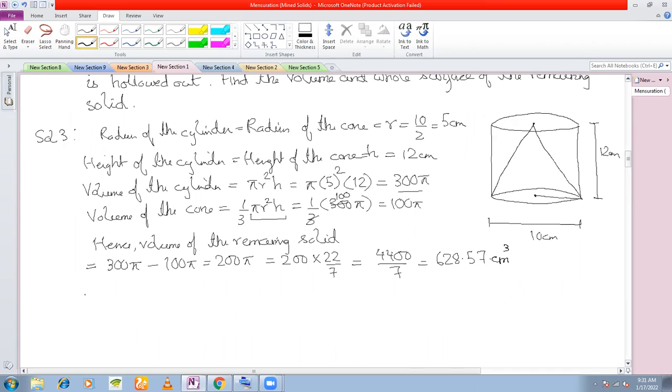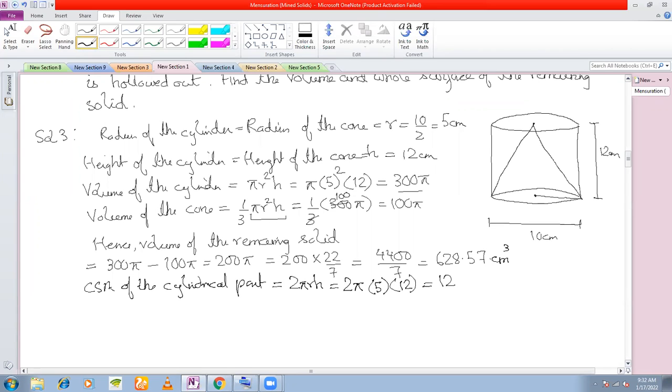So first of all, curved surface area of the cylindrical part. What is the formula? 2 pi r h. So this is 2 pi, radius is 5 and height is 12.